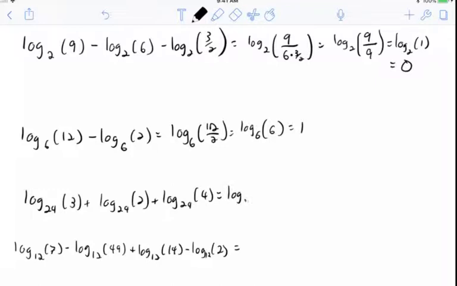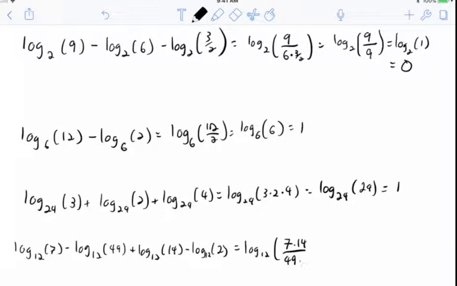Log base 24 of 3 times 2 times 4. Alright, so that's 6 times 4, 24. Oh, hey, look. Log base 24 of 24, so that's equal to 1. And this one is log base 12 of 7 divided by 49 times 14 divided by 2. Weird.